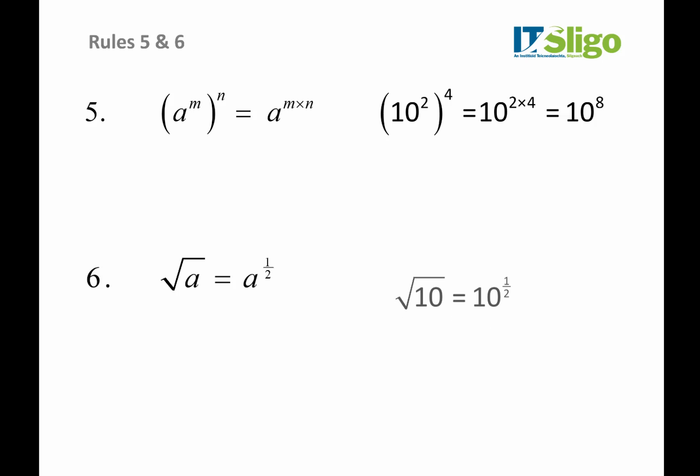So say if you were given the square root of 10, you can get rid of the square root symbol and write it as a power of a half. And then all the other rules will apply as well, and you can work your way out. We'll take a look at a few examples with these later on.